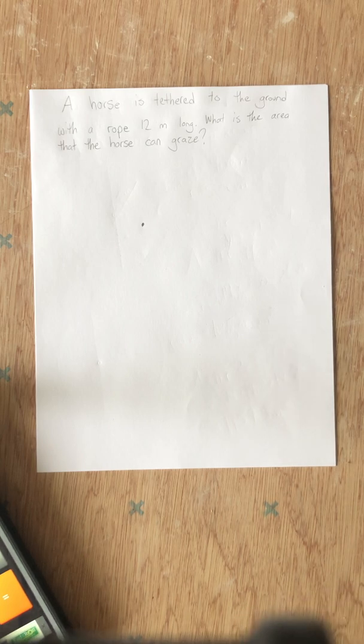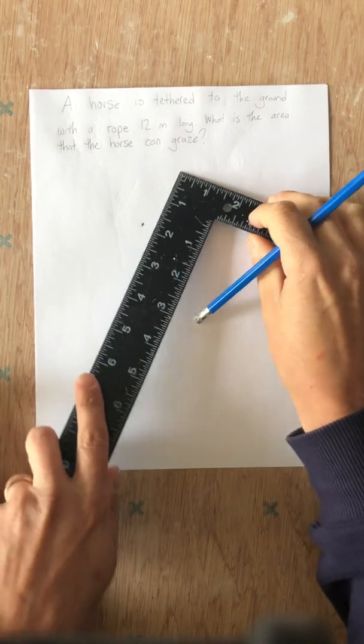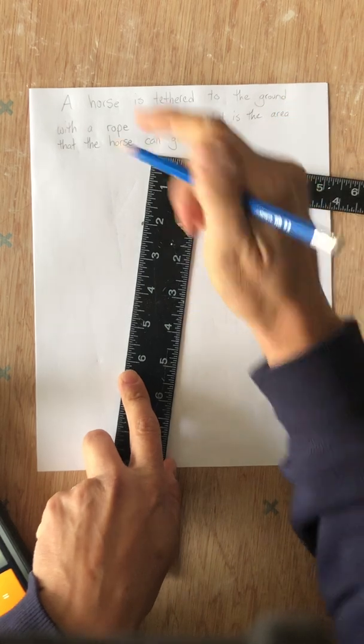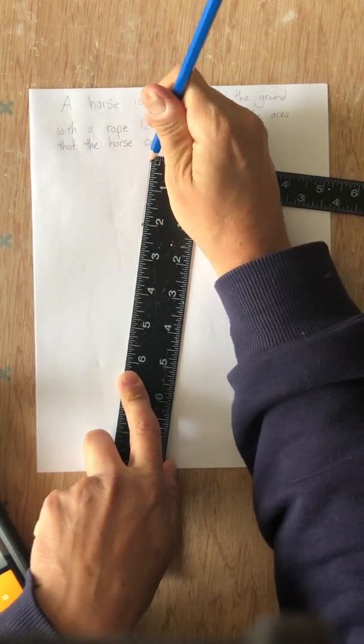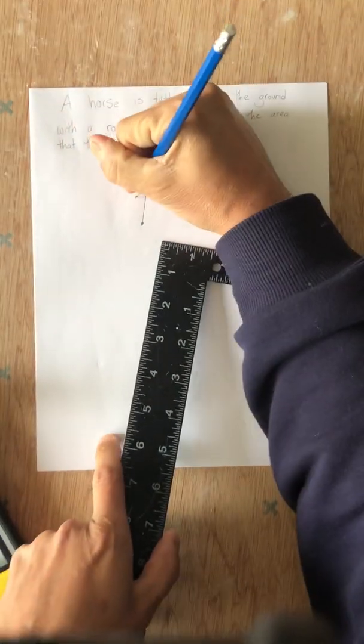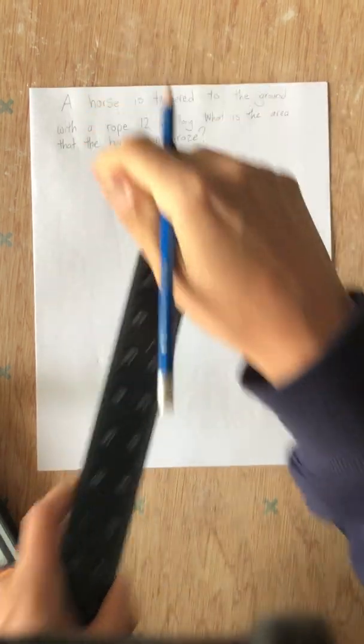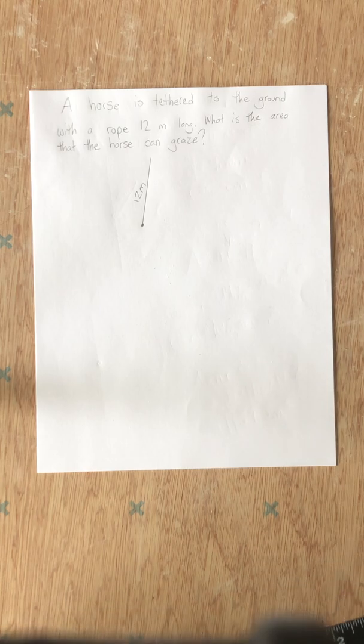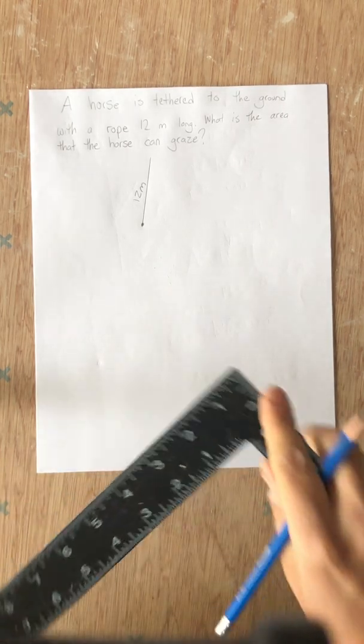So the horse can travel, say it's 12 meters, so it could travel 12 meters this way. At that point, the rope would stop it. It would be tight and it couldn't go any further. But that's how far it could go.